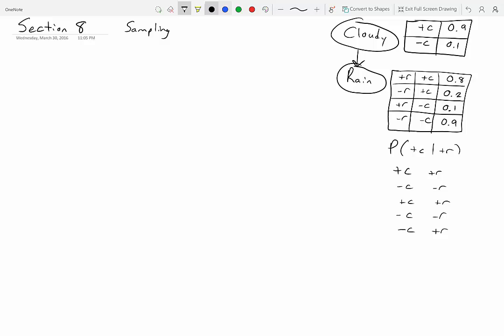Okay, so next we're going to look at a different method, and this is called likelihood weighting. So in the previous approaches, the issue was the evidence. We were doing wasted work. So what likelihood weighting does is you actually fix the evidence.